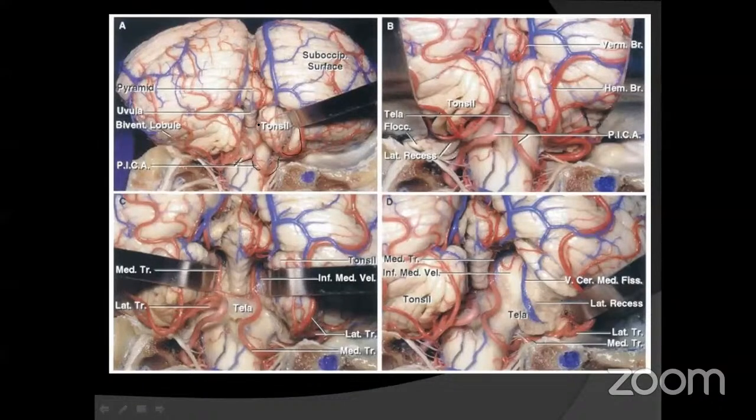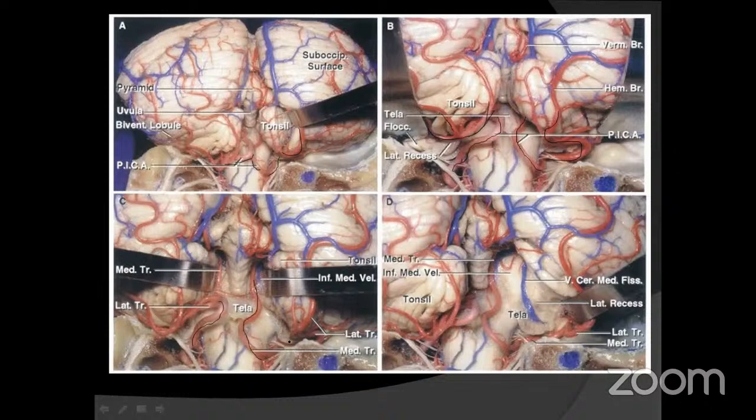After retracting the cerebellum and removing the tonsil, we can easily see the PICAs here and here running laterally, making a tortuous course with many loops, and running lateral to the lateral recess, supplying the choroid plexus and tela choroidea.